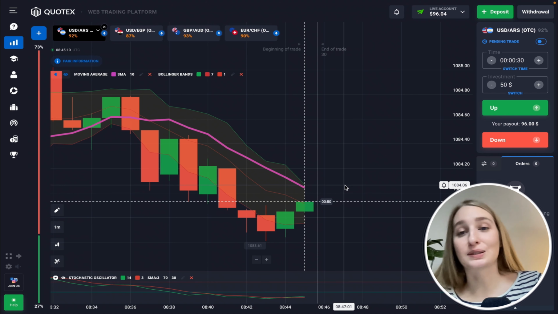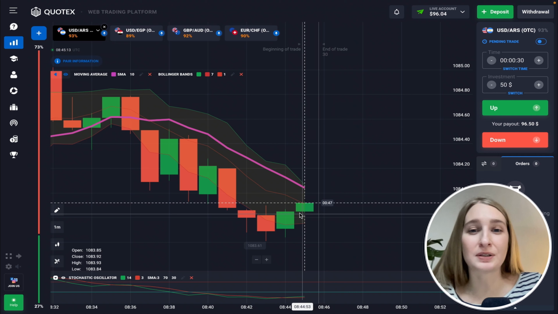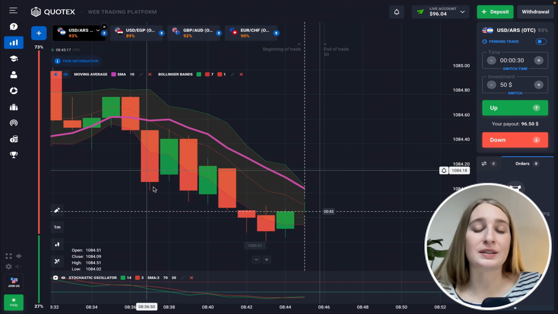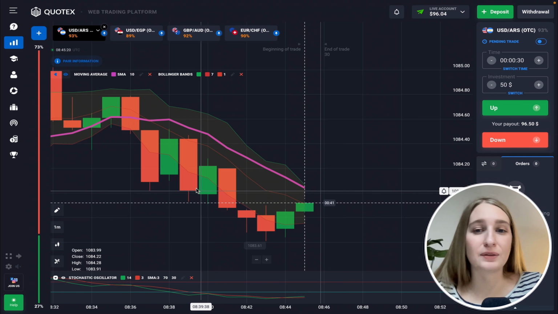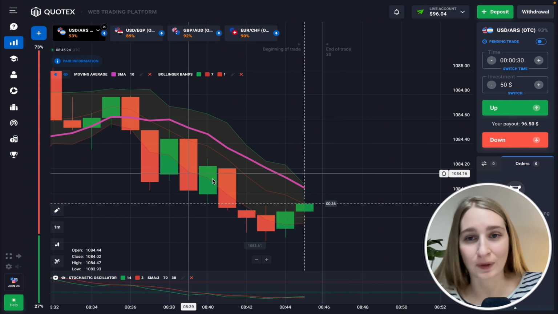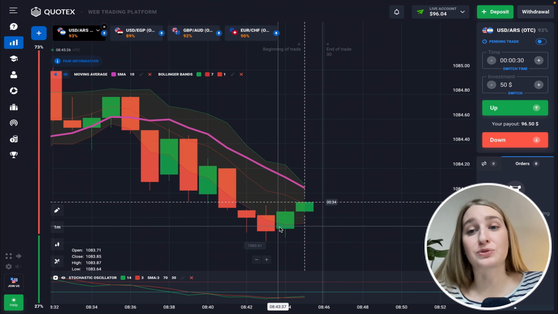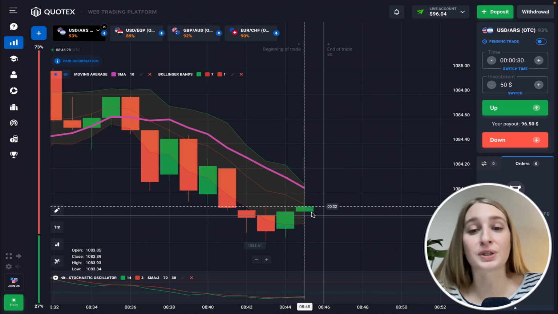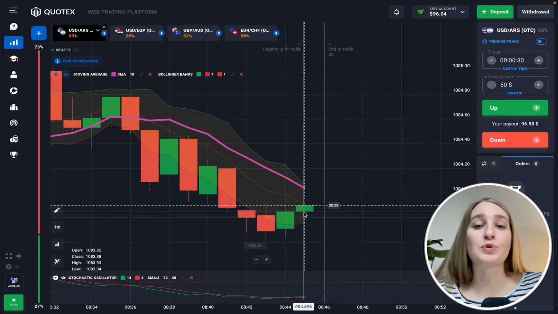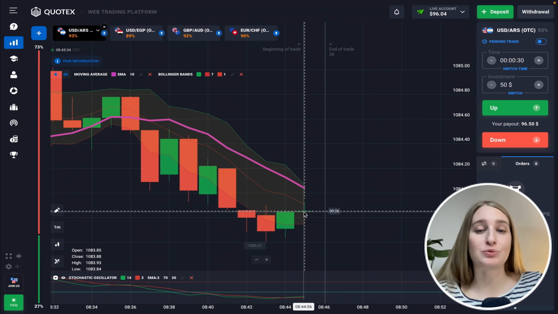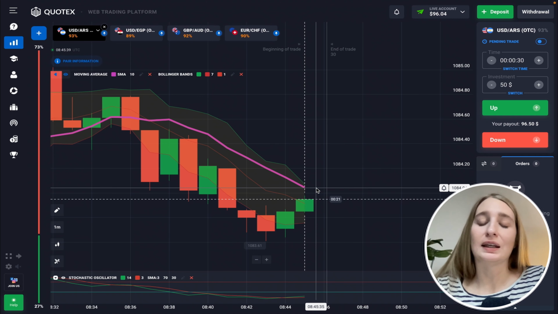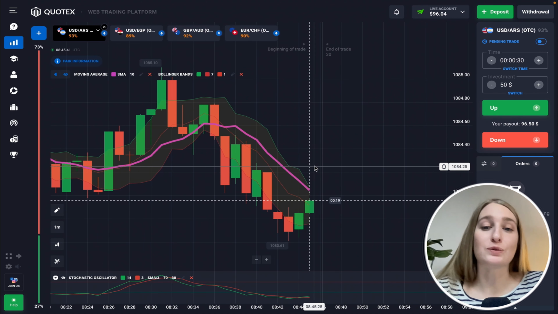And also, you see that after some period, after this situation where candlesticks were at the red line of the Bollinger Bands corridor, this situation changed right over here. And we see that the trend is in the middle of the corridor of Bollinger Bands. The moving average also is showing me that the situation is changing because the line is trembling. Really cool. Let's go and see what I can do in the next currency pair.